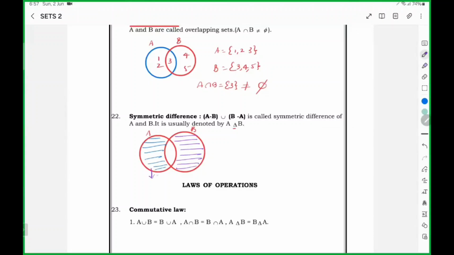This part we write as A minus B. This part we write as B minus A. The union of these two will be the symmetric difference. Suppose A has 1, 2, 3, 4. B has 2, 3, 4, 5.